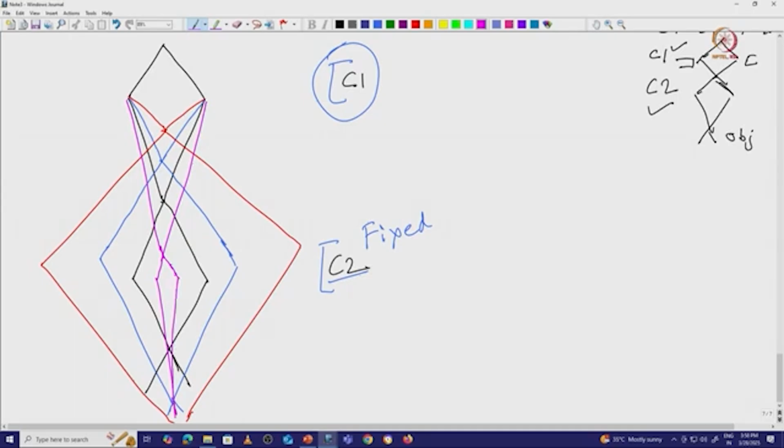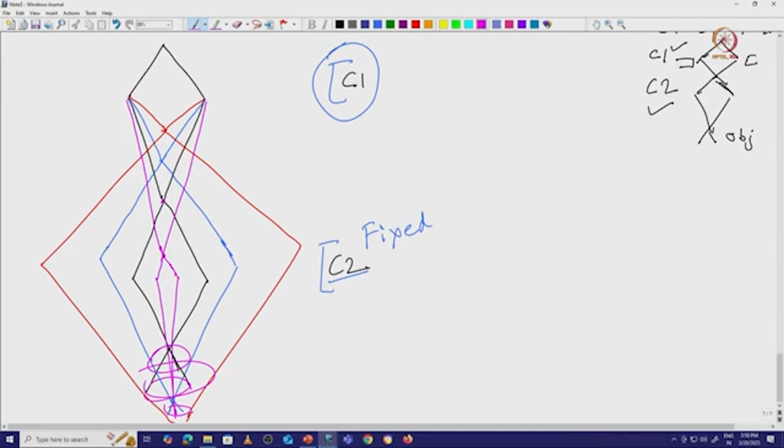So you can see that because of this fixed C2 lens, rays are going in different directions and beam diameters are changing. Here the crossover point is also going up.